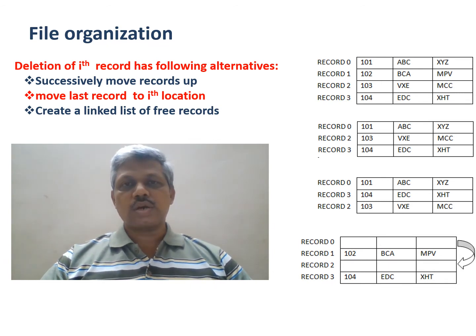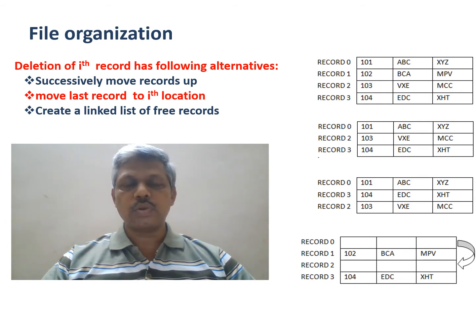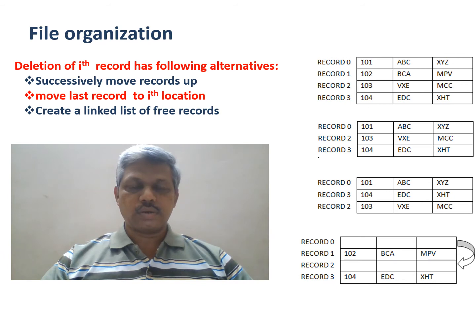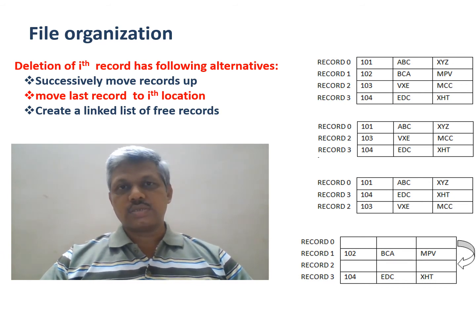So once you start with a first free record, you know where the next free record is available. That's how we can create a linked list of records which are freed, and whenever we want to insert, we can follow that linked list and identify a suitable location to store. So all these strategies are there, which is best, which is better. All these things can be discussed, but it depends on the nature of records and the style in which we want to perform.